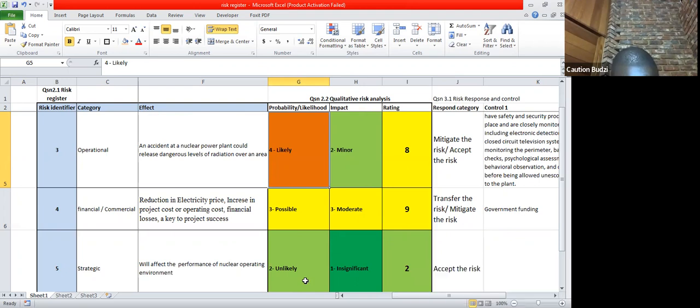On the financial or commercial category, it's possible, and if it happens, the impact will be moderate. The rating there is 9.